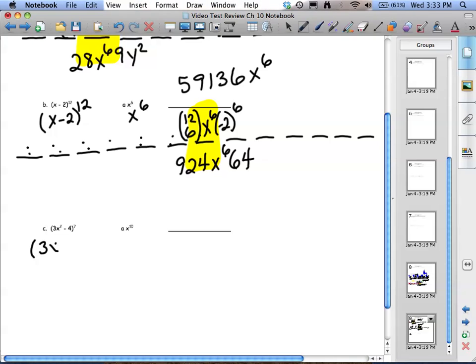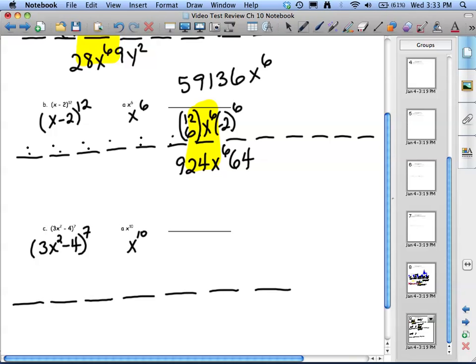C says (3x squared minus 4) raised to the 7th. And it wants to know the x to the 10th term. This one's a little trickier. I know there's going to be 8 blanks. But which one is x to the 10th? The tricky thing is you're taking x squared and raising it to the power.